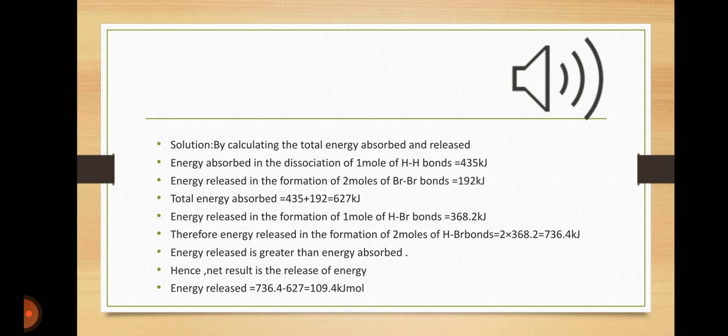So the energy released is greater than the energy absorbed. Hence the net result is the release of energy. The energy released is 736.4 minus 627, which is 109.4 kilojoule per mole.